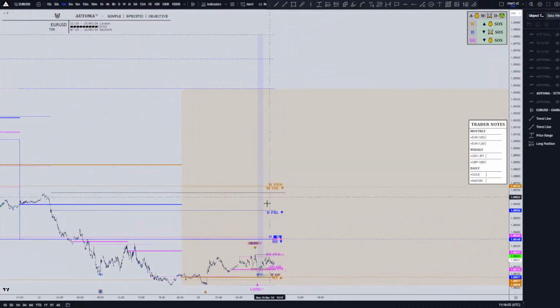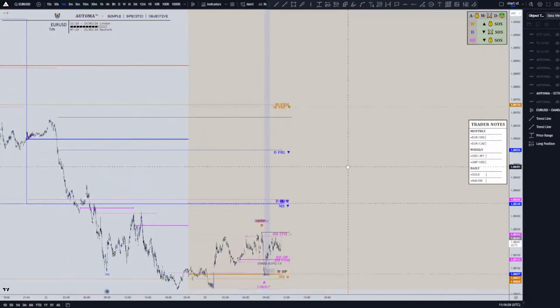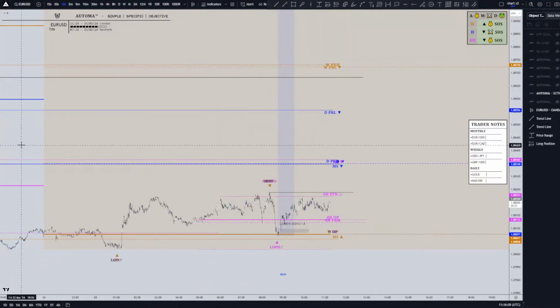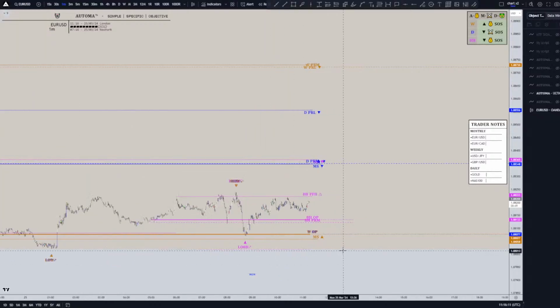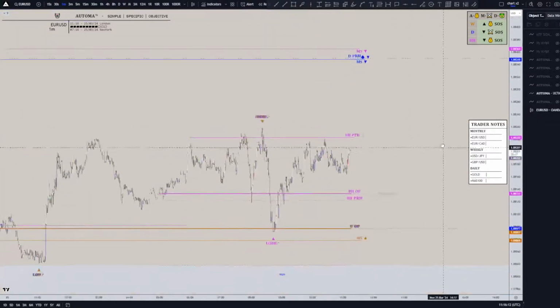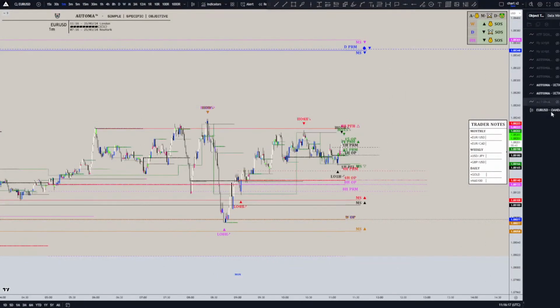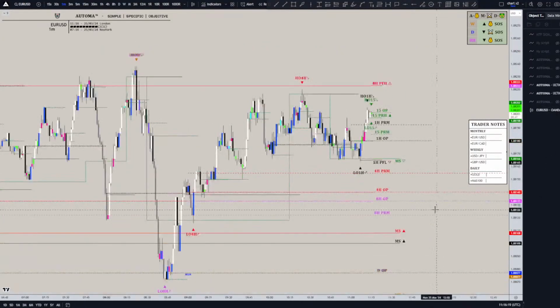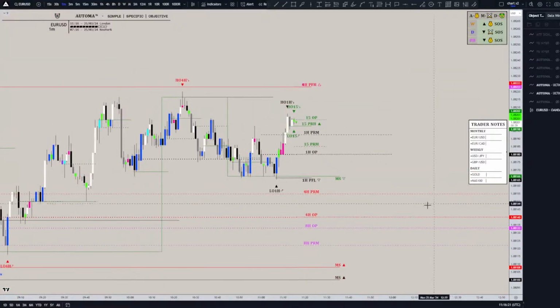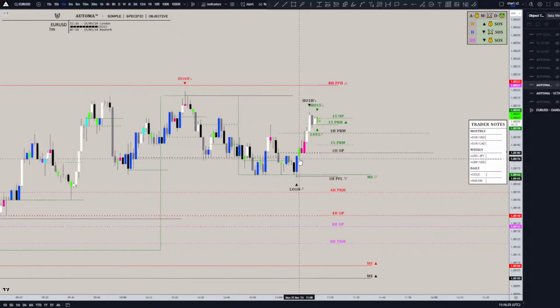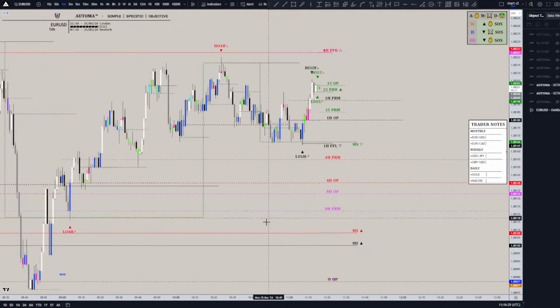So that was a nice re-entry, after a pin bar confirming hourly time rotation.